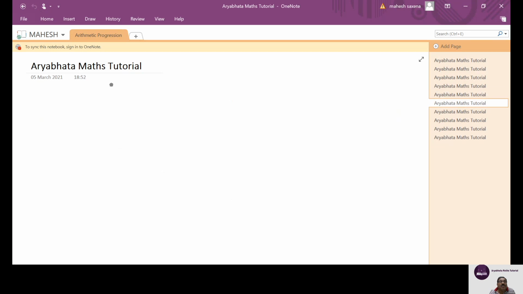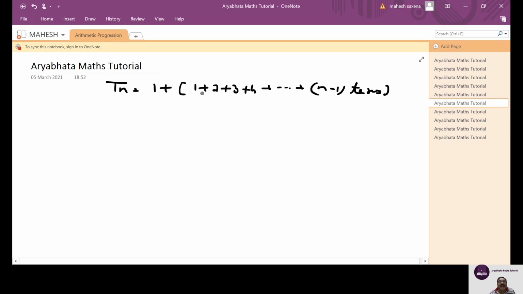Therefore, Tn is equal to 1 plus, in brackets, 1 plus 2 plus 3 plus 4 plus up to n minus 1 terms. This series is again in arithmetic progression.